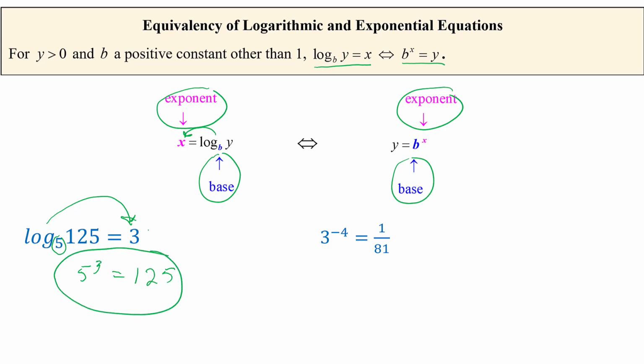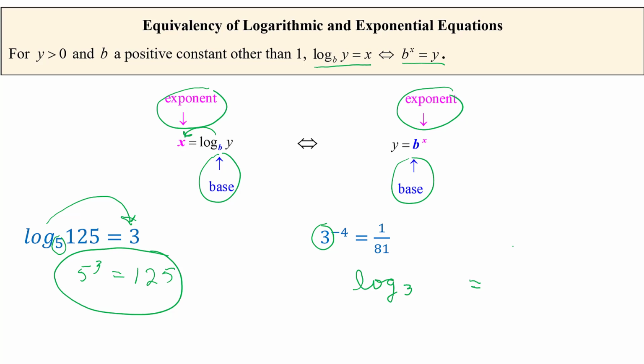Now to convert the exponential form of 3 raised to the power of negative 4 equals 1 over 81 into logarithmic form, I start by writing the word log. Then I look for the base, which I can see would be 3 here since we have 3 raised to the exponent of negative 4. So log to the base 3 of, I usually just leave a space, then put an equal sign to the right of some empty space.